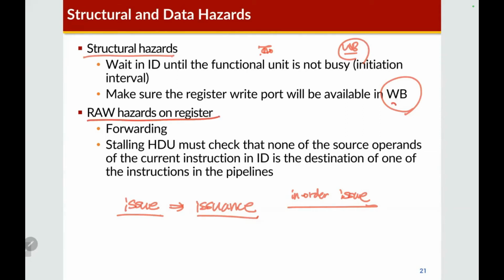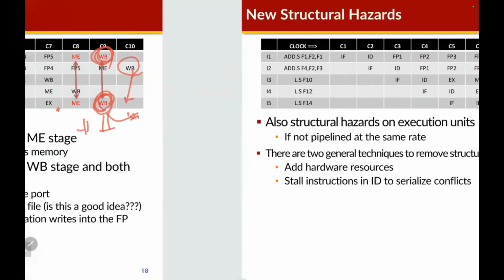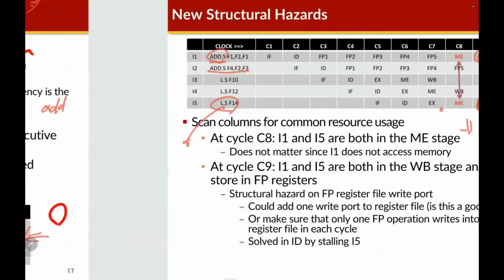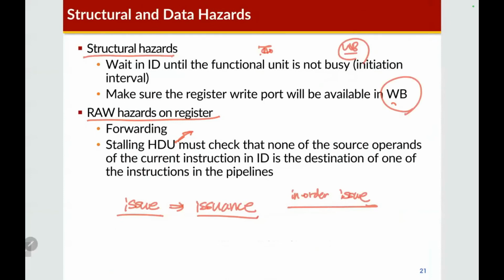We can solve the RAW hazard with data forwarding, and if the RAW hazard cannot be solved by data forwarding, then we need to detect the RAW hazard. The RAW hazard is relatively simple because we can just check the latencies, this latency information, and also check the data dependencies between two instructions, like the destination register of the former instruction and the source registers of the following instructions.